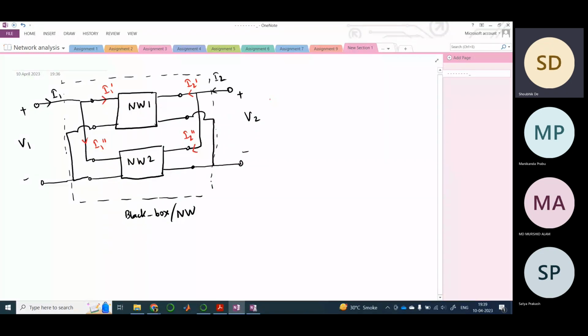So we can directly frame the y parameter equation, as we saw. So that's for I1 dash. So what would be I1 dash? It's V1, right? Let us call this y11 dash, right? And this would be V2 y12 dash.